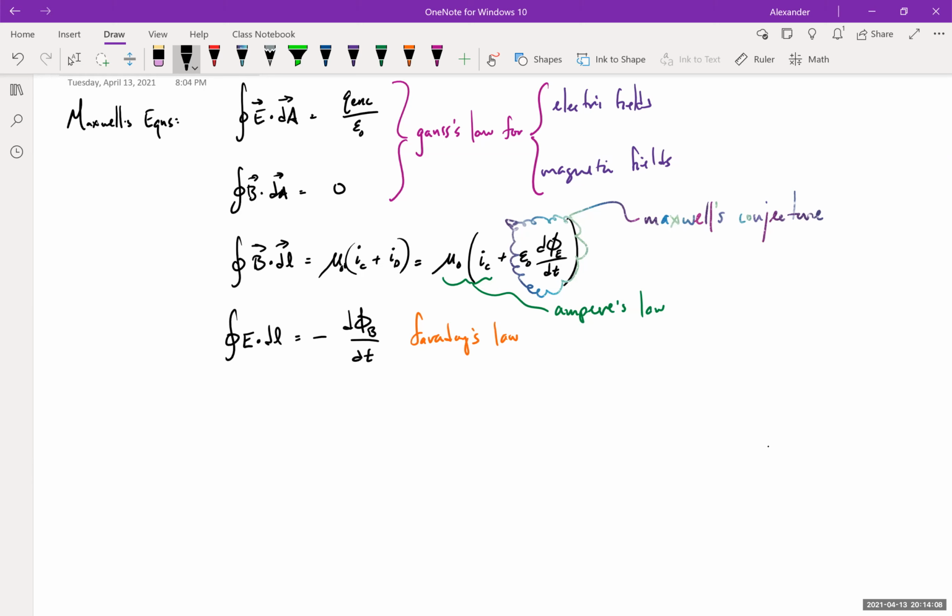Ampere's law, as we originally wrote it, was just mu times the enclosed actual current. But Maxwell's conjecture was that there is an effective current we can use to keep track of the fact that the electric field between capacitor plates is changing as the capacitor charges. There isn't any actual current. It sort of looks like there is.